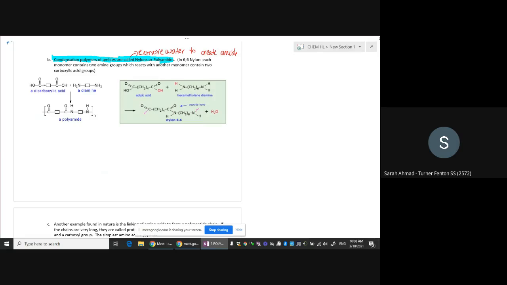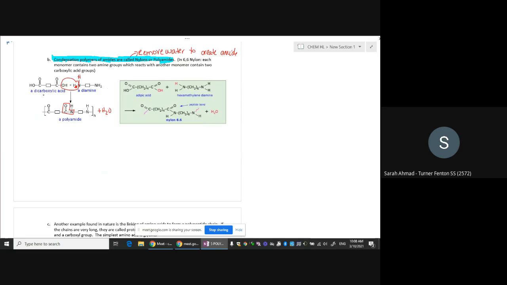Okay, so I've got, again, a difunctional carboxylic acid monomer, so 2 carboxylic acids at either end, and I have a diamine, 2 amino groups at either end. I'm going to take 1 hydrogen off, I'm going to put it over here, and now we can take out water, right? And I end up making my amide linkage right here, and I make water.